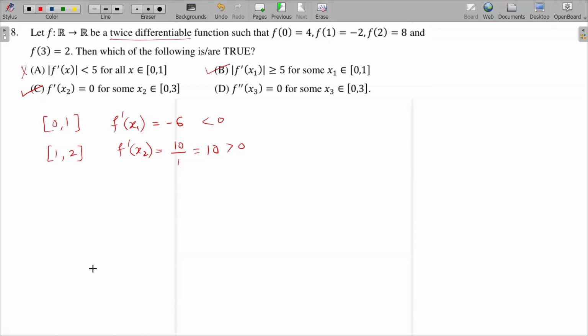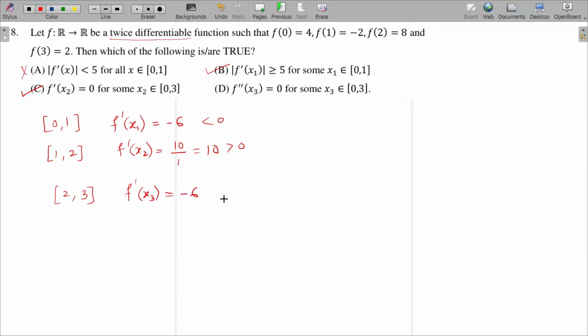For the last option, we use the same thing in between the interval, using the LMVT on 2 to 3. f dash x3 will be 2 minus 8, that is minus 6.